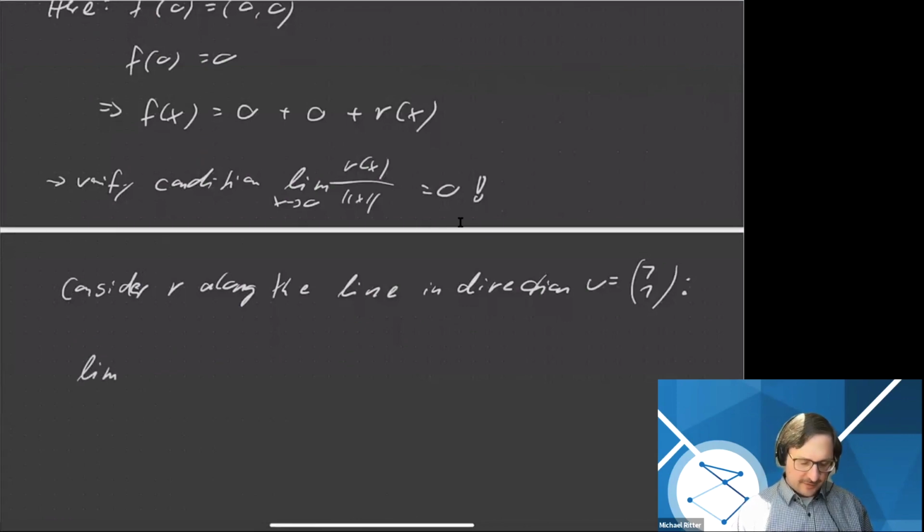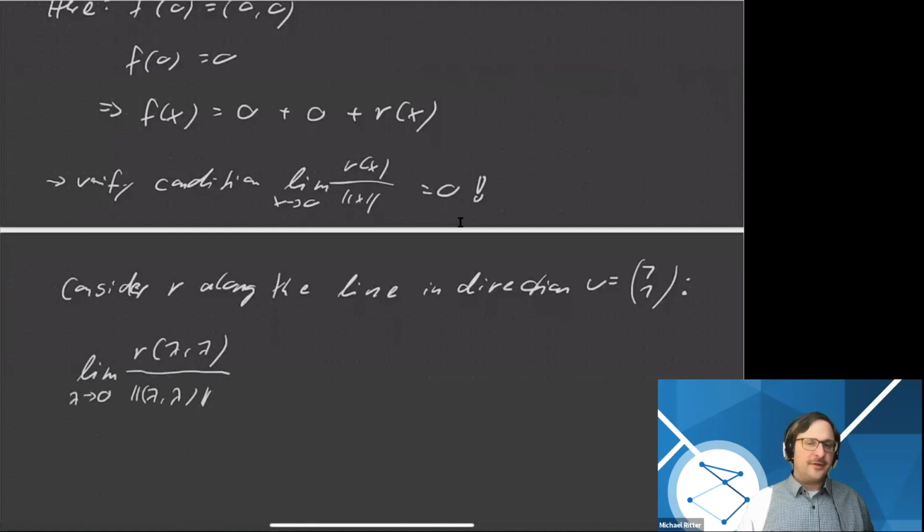Approaching the 0 means, so we have r evaluated at (lambda, lambda), that's direction (1, 1), divided by the norm of x, which is now again the norm of (lambda, lambda). And the origin corresponds to the lambda value of 0. So we're taking the limit as lambda tends to 0 of this expression here.